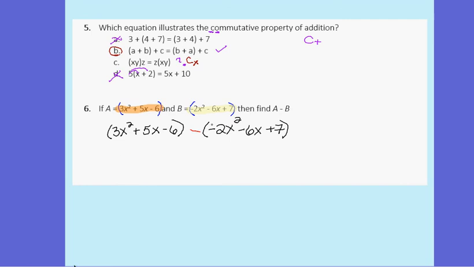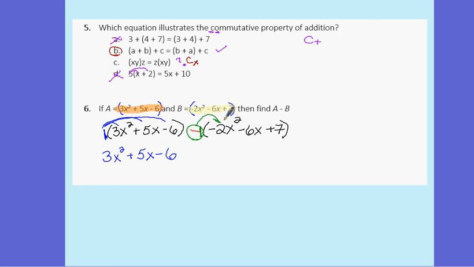Now our steps for adding and subtracting polynomials begin with breaking out of parentheses. To break out of this set, I see a 1. When I distribute this 1 to all three terms, they remain the same, but at least now they're free from their group so that they can mingle with any like terms that may occur on the other side of the problem. Here, to break out, I put a 1, but it's really a negative 1.